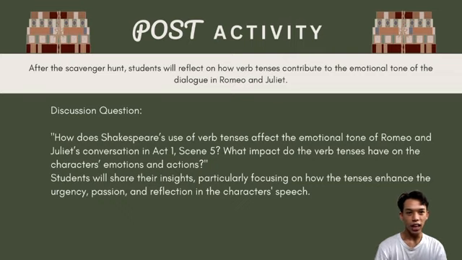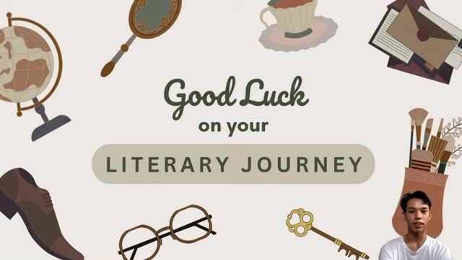Future tense, does it build anticipation or hope for their relationship? After your discussions, we'll come back together as a class. Each group will share 1 or 2 key points about how verb tenses influence the emotional tone of the scene.